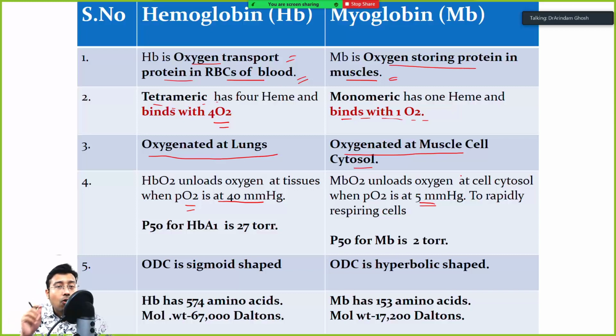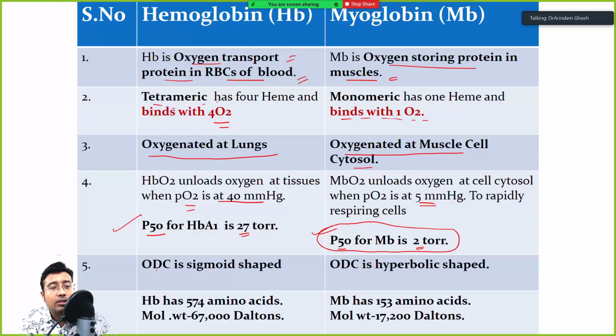That too, it will release only to muscle cells that are actively respiring, actively functioning, right? So mainly cardiac muscle. P50 for HbA1 is 27 torr and P50 for myoglobin is 2 torr. So you can see even at extremely low concentration of oxygen, myoglobin is very much saturated compared to adult hemoglobin.